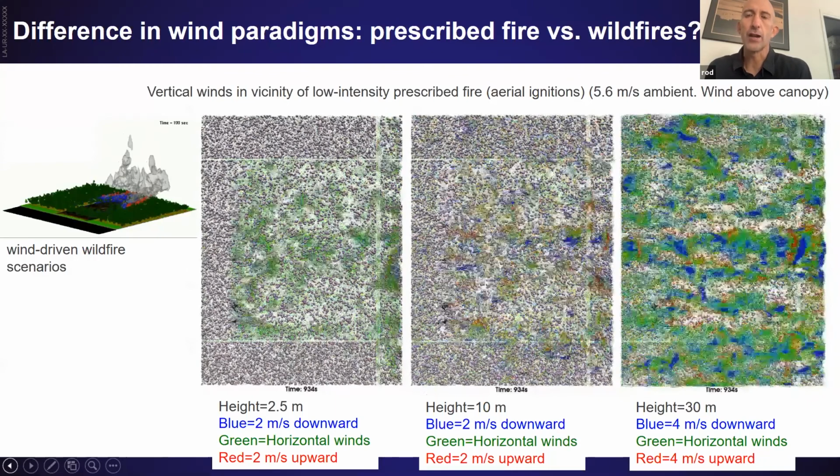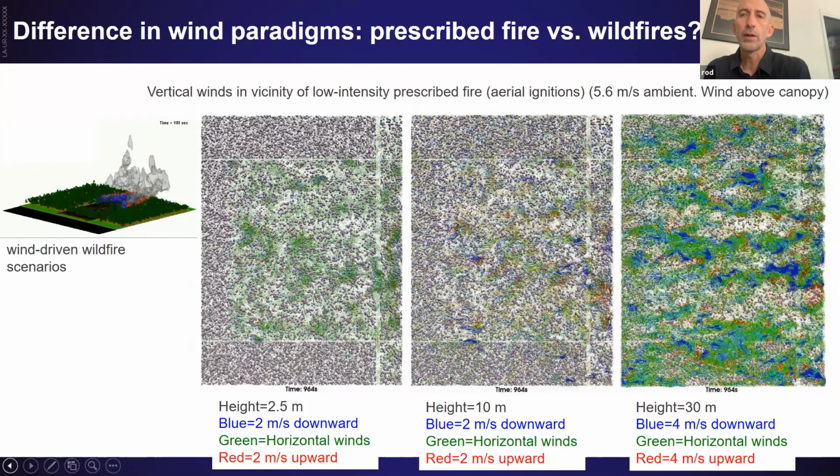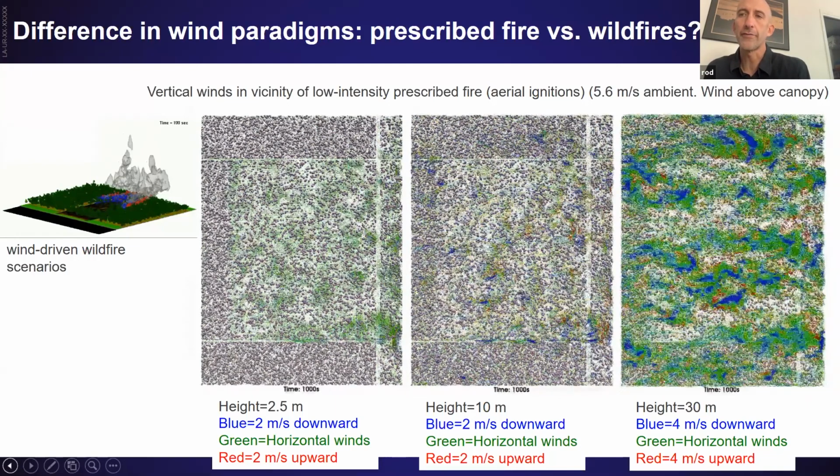In a wildfire, as it progresses, we burn out the fuel behind the fire. This allows the wind to get in and drive the fire much more efficiently. In a prescribed fire, because we typically light it progressing upwind, we leave that fuel that's upwind and it creates a backward facing step.